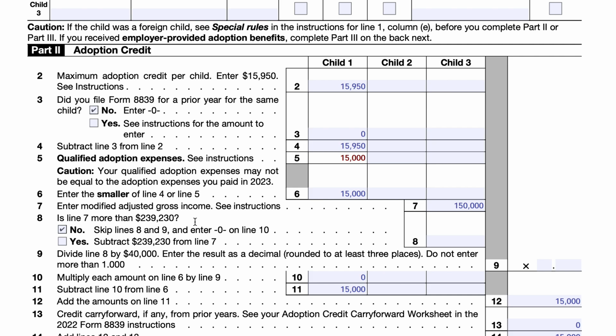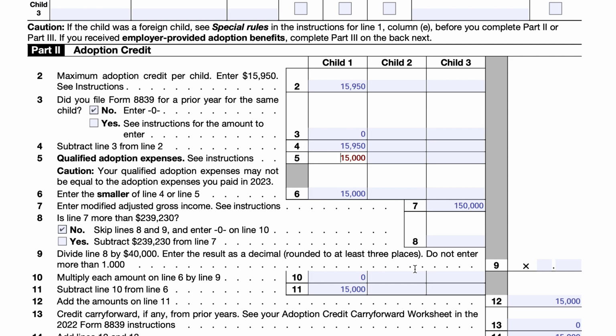So someone like Elon Musk would not get any adoption tax credit for adopting a child, no matter what. So in line 8, we'll skip this. We'll skip line 9, and then we'll enter 0 in line 10. We'll bring down the $15,000 and put that there.